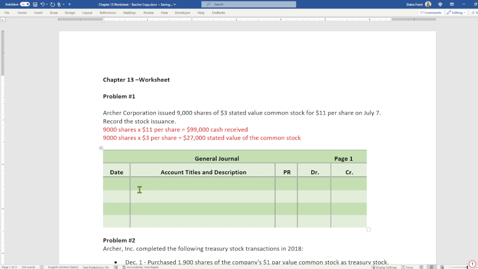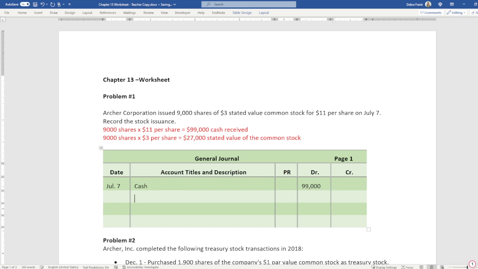That's the value of the common stock. Okay, so let's go ahead and do our journal entry. We have July 7th, so let's put the date in. Be proper about that. And the cash received will be our debit. So we'll go ahead and record that. And that was the $99,000, cash received.